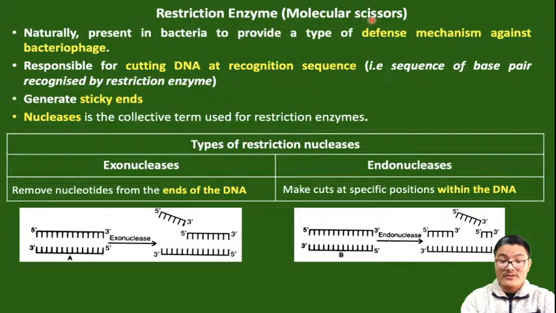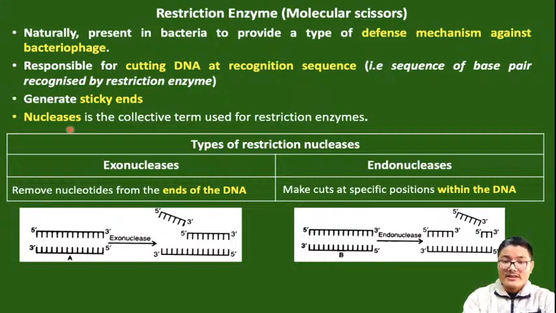As you have seen, they cut DNA, acting like scissors. They are naturally present in bacteria as a defense mechanism against bacteriophage, to protect the bacteria from attack, but they can now be used as a tool in genetic engineering for cutting the desirable DNA at the recognition site. If we cut the DNA at the recognition site, we can produce DNA with sticky ends, terminals which can join easily.